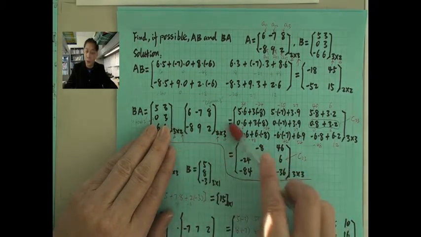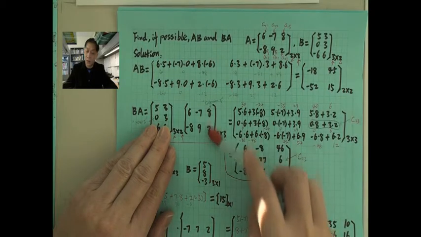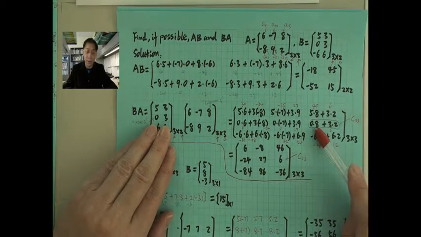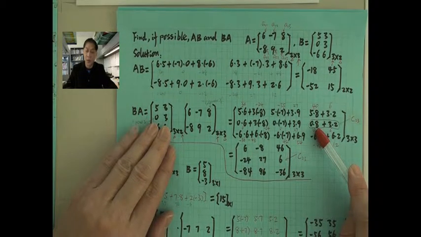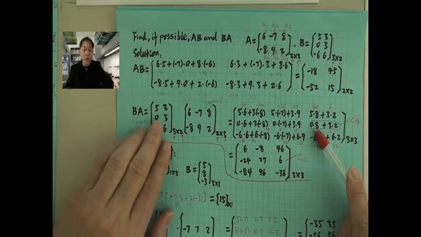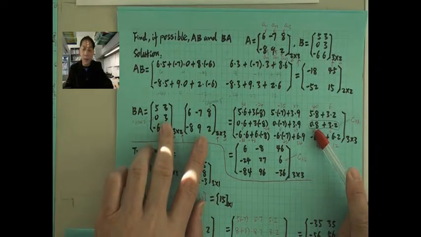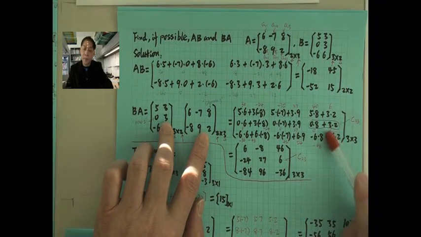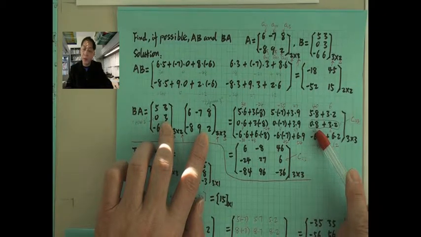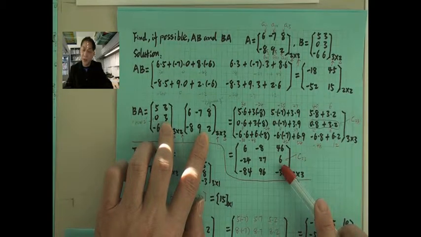So that's the place. 0 times 8 is 0 plus 3 times 2, so eventually you have a 6.